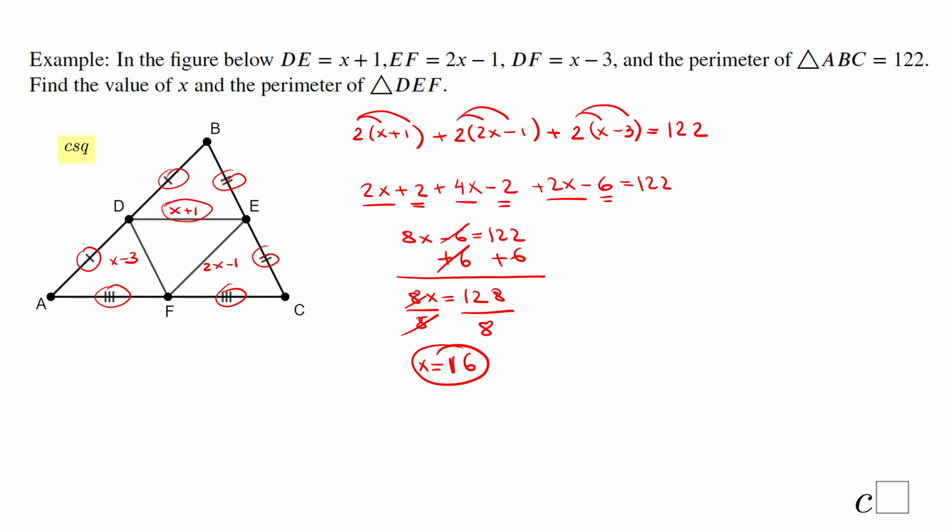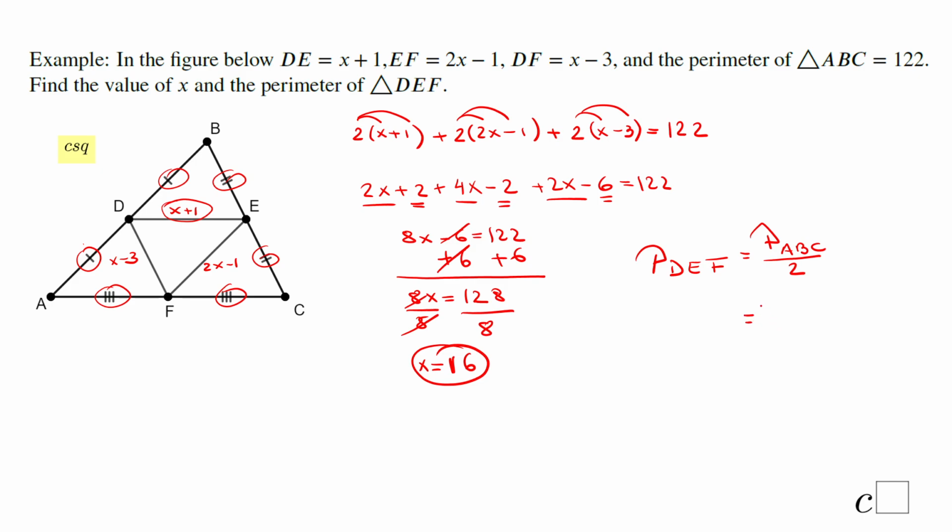And now we need to find the perimeter of triangle DEF. That is the easy part, in my opinion. There is a property. The perimeter of this triangle will be half of the perimeter of triangle ABC. Okay, that is the shortcut. Of course, you can plug 16 in all those expressions you have for the mid-segments and then add them.